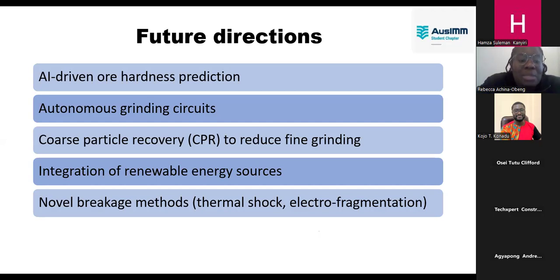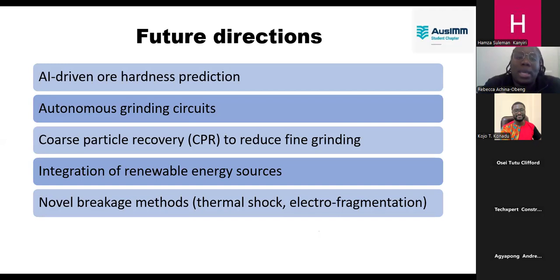And then also, last but not least, we have the novel breakage methods like thermal shock, electrofragmentation, electric pulse, and of course the use of microwaves. These are all emerging technologies that aim to weaken the ore before mechanical grinding. These methods selectively break mineral boundaries, potentially reducing the Bond work index.